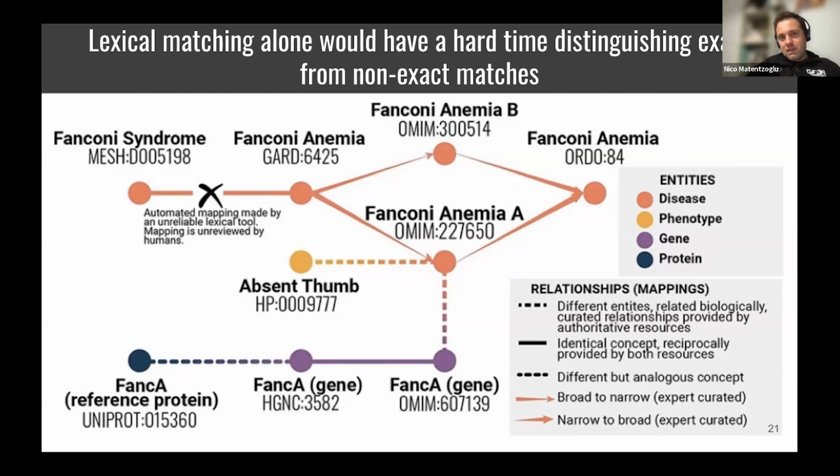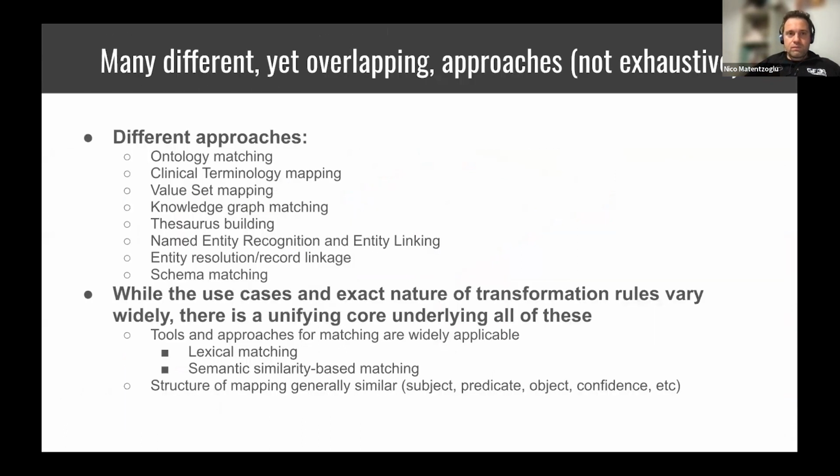And there are many different ways in which they can be related. They can be broad matches, they can be narrow matches. And in reality, there can be even matches across different analogous concepts, like, for example, a mapping between the absent thumb phenotype and the Fanconi anemia A disease. So we are getting into a really complex space for how exactly these mappings are related to each other. And to all of these things, as people that are trying to generate mappings, we need to be really sensitive.